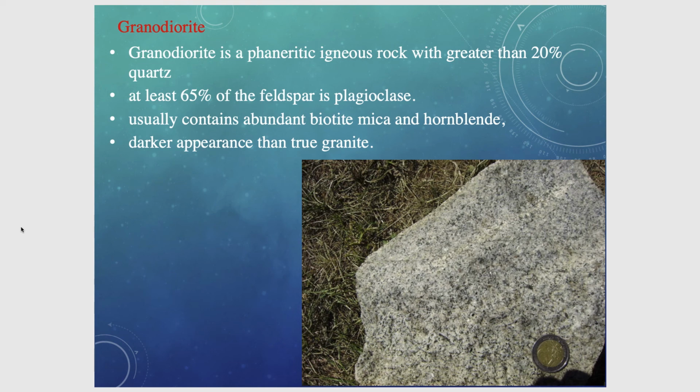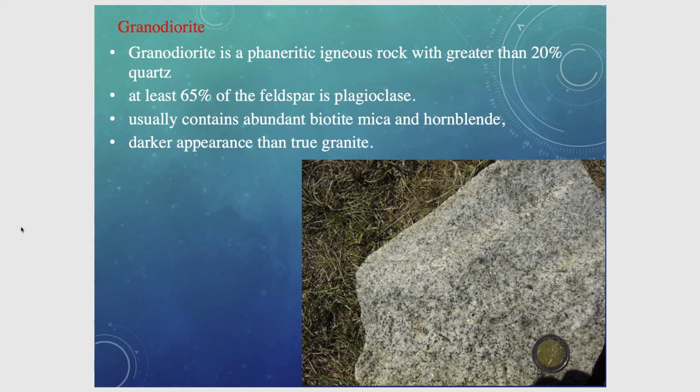So we're talking about albites and anorthites, respectively, for the sodium and calcium end members. Usually it contains abundant biotite, mica, and hornblende, which is the amphibole.